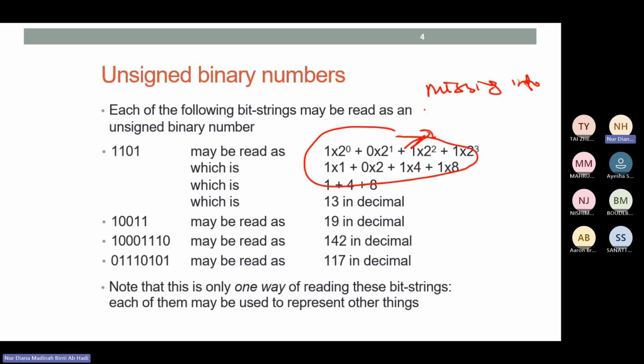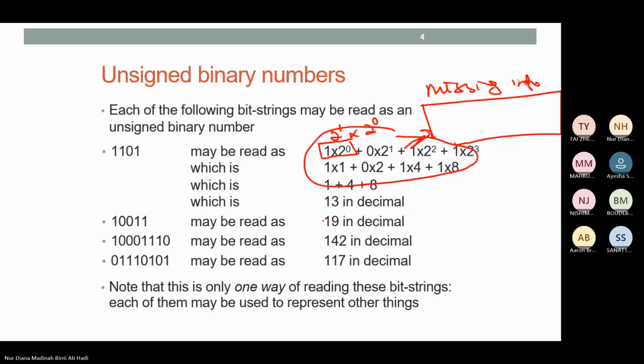That's why I teach you using tables. Because if you do this one, sometimes the value that's supposed to be multiplied with 2 to the power of 1, you multiply it with 2 to the power of 0. I don't want this to happen. So please do use the tables, which will make your life easier and will not deduct your marks.